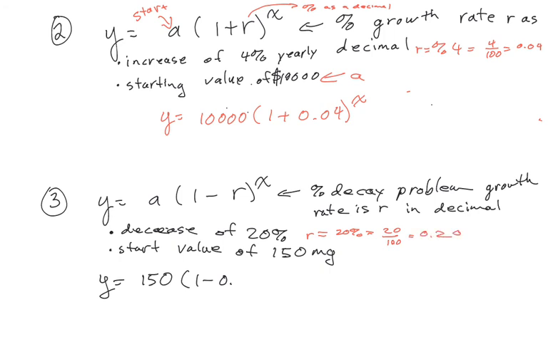So we end up with 1 minus 0.20 raised to the x. And on my next line, I write this as 0.8 raised to the x, because 1 minus 0.2 is 0.8. And that is a decreasing equation.